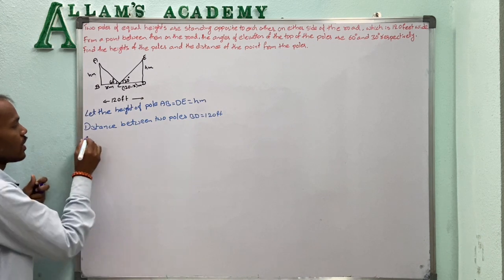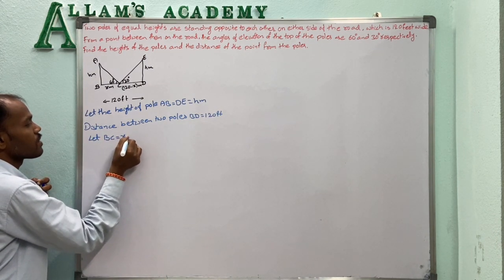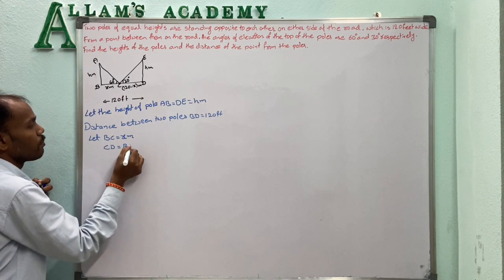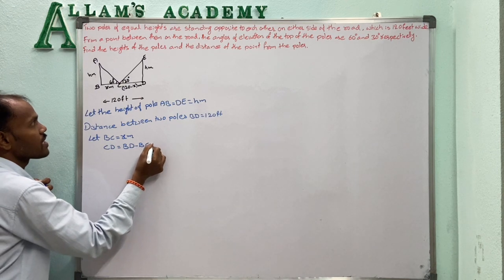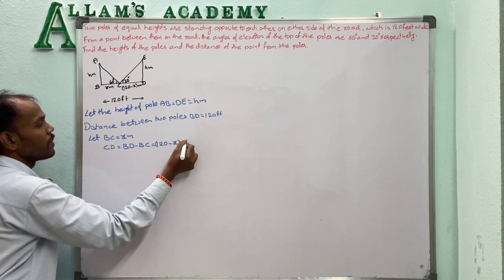Okay, so let BC equal to x meters, then CD equal to BD minus BC, that equals 120 minus x meters.